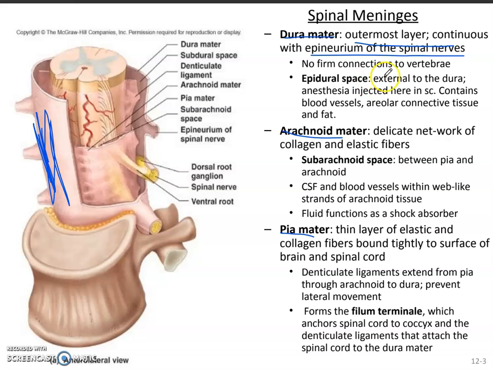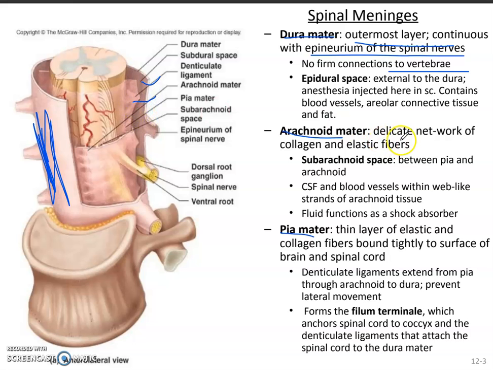There are no firm connections to the vertebrae, and there is an epidural space, which is external to the dura. Okay, and this is the subdural space, and this is the denticulate ligament.